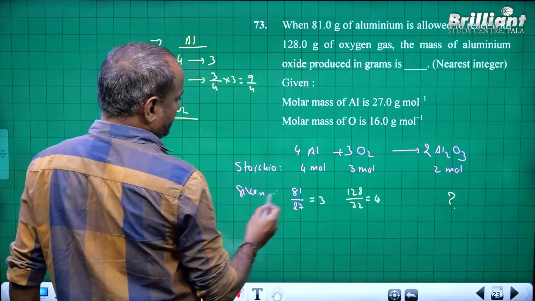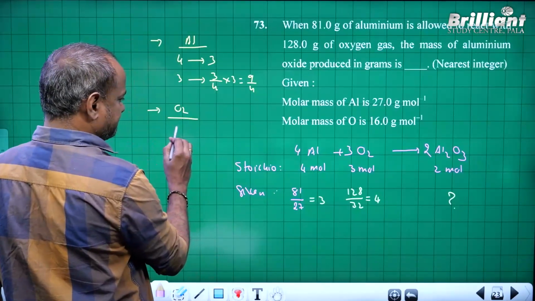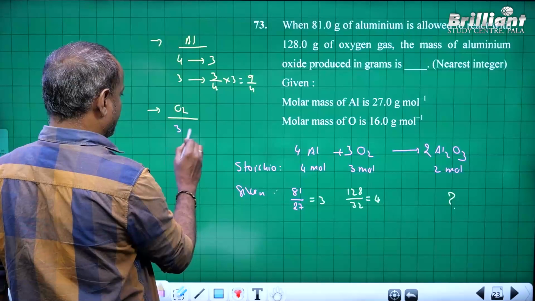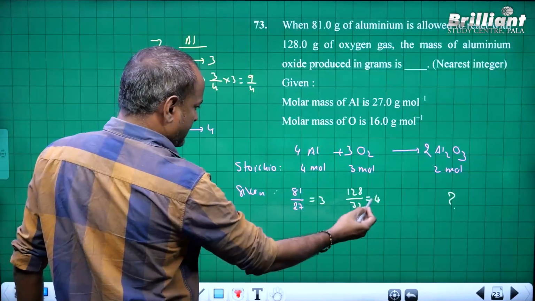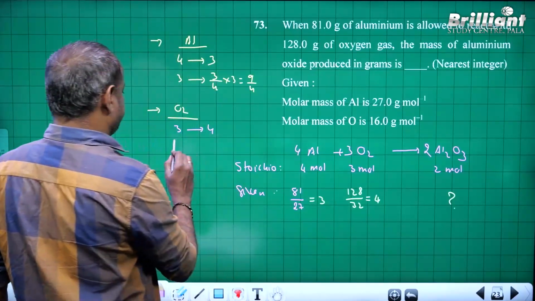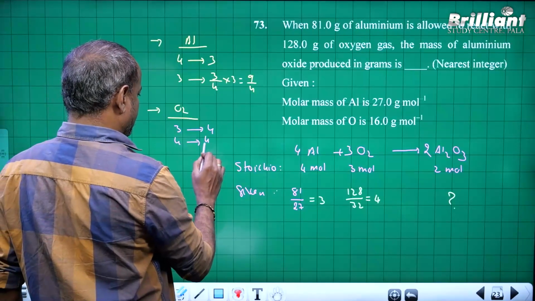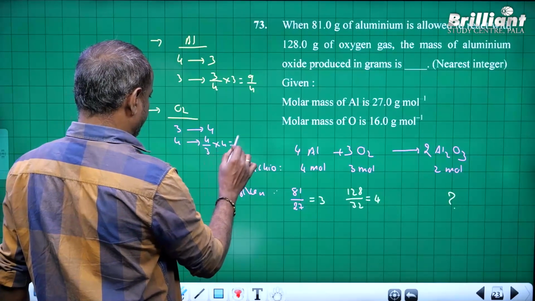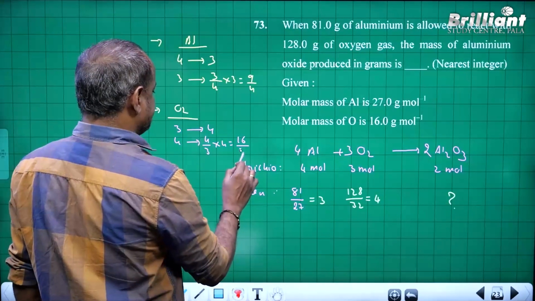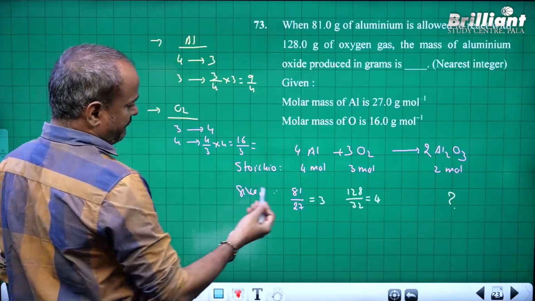With respect to oxygen, 3 moles with 4 moles. Then 4 with how many moles? 4 by 3 into 4, 16 by 3, 5 point something.